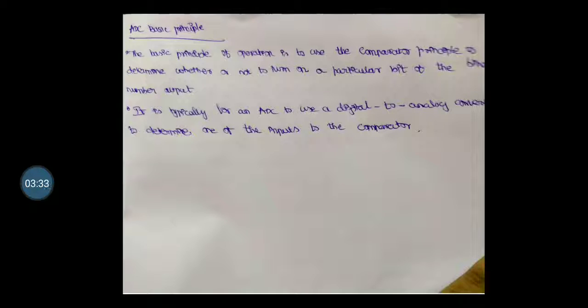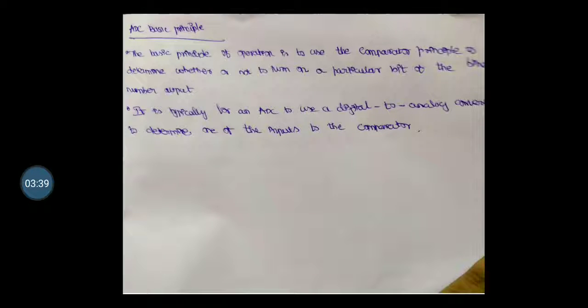So we have analog input VA and digital output. The first digital output D1 is the most significant bit, and the last output DN is the least significant bit.